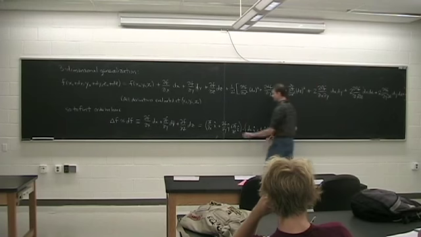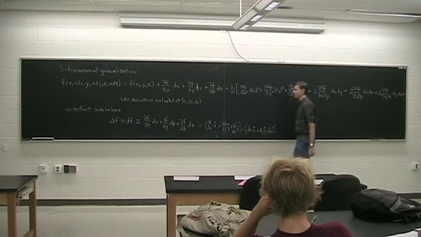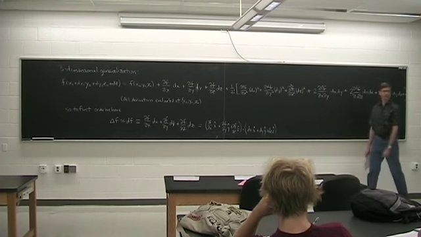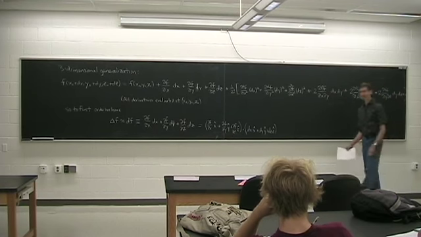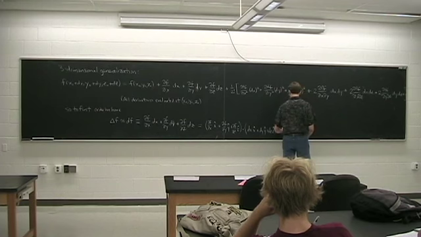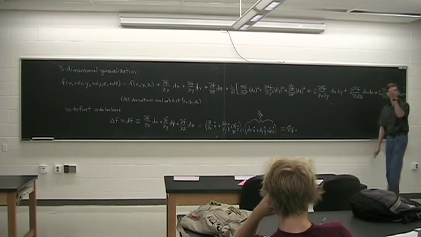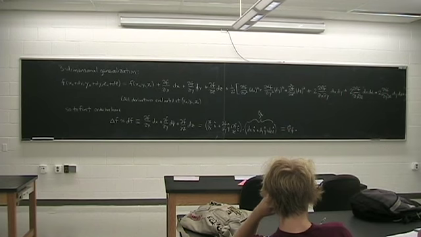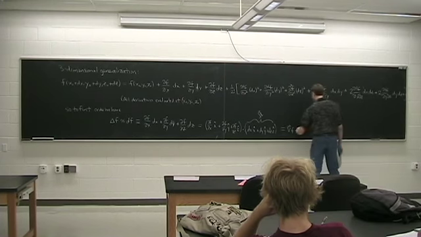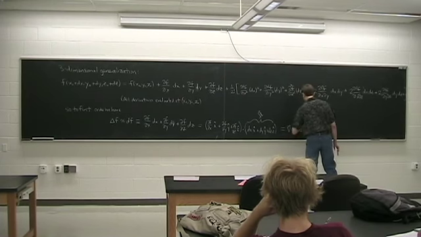But this beast right here, the one whose components are the partials, is the gradient of f. So this is the gradient of f, grad f. And this beast right here is what we're going to call dl, the little displacement in 3 dimensions from the initial point x0, y0, z0. So this is the gradient of f dotted into dl.